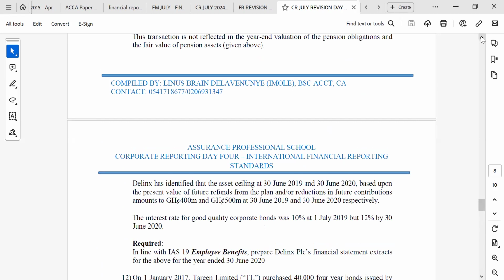The possibility that you are going to see questions before going to the exam hall is 2%, and the probability of you not getting it is 98%. So don't go looking for information because you see a question, you don't know what to do, and you are frustrated. Whatever will come, it will be within the syllabus.